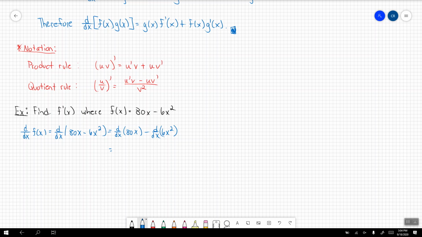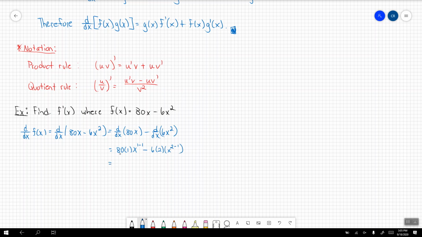The exponent on this x is 1, so it's 80 times 1 multiplied by x, and then we subtract 1 from the exponent, so that's 1 minus 1. Minus, again, this constant comes out, and then we're using the power rule. The power rule is rule number 2 for those differentiation rules. We drop the exponent forward, so this is 6 times 2, and then we multiply by the resulting function when we subtract 1 from the exponent.